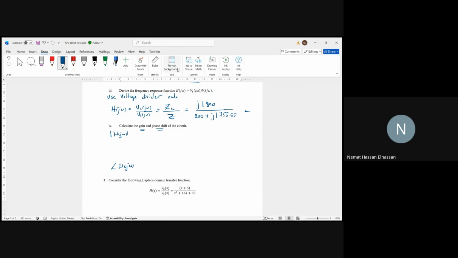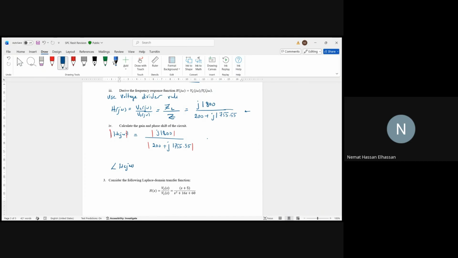So the magnitude of H(jω) would be the magnitude of, let's rewrite it real quick, j1800 over 200 plus j1755.55. So the magnitude will be the magnitude here divided by the magnitude here.